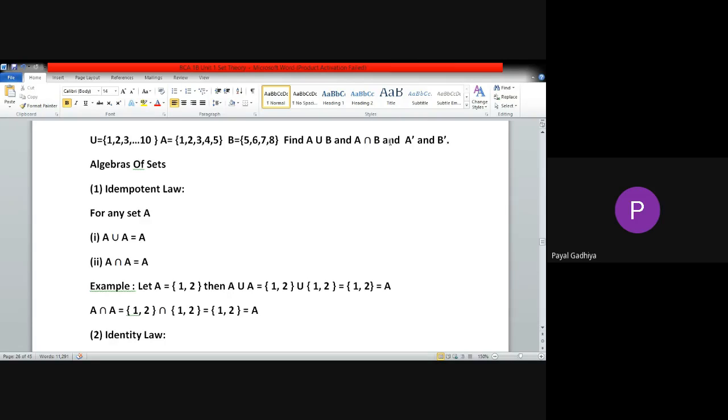So 1, 2, 3, 4, 9, 10. Yes. This exercise is just for revision.